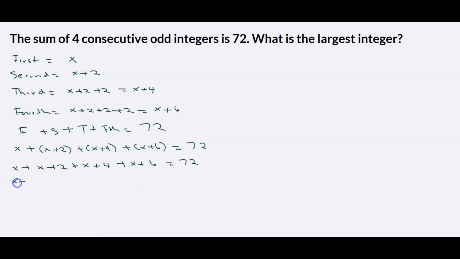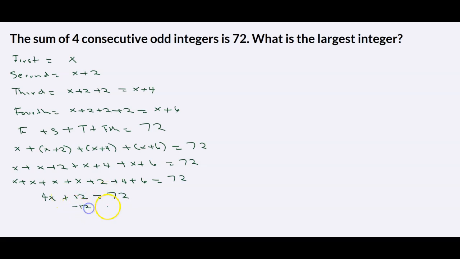So we have x plus x plus x plus x plus 2 plus 4 plus 6 equal to 72. So we have 4x plus 12 equal to 72.